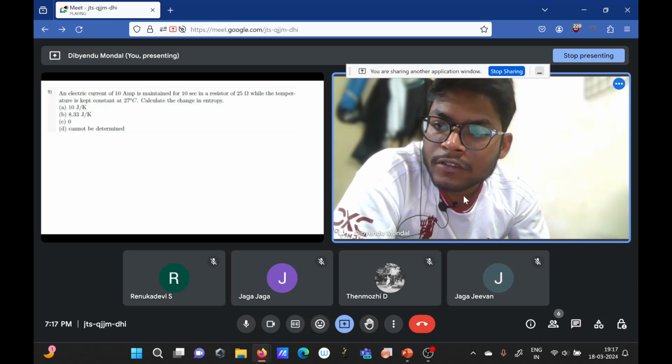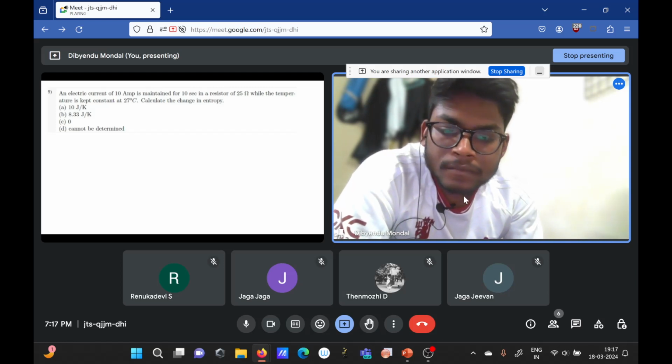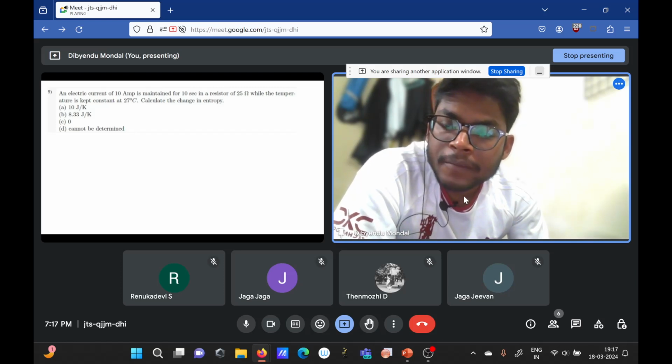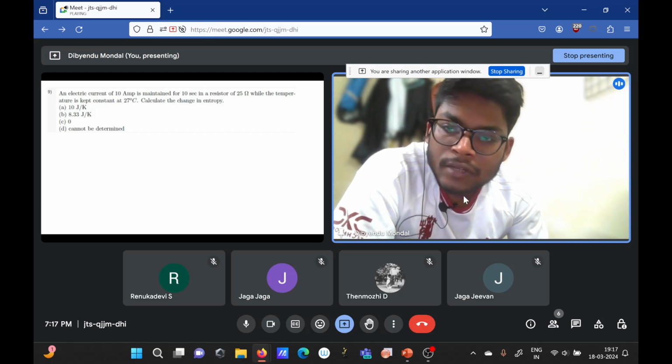Calculate the change in entropy. Anyone? Electric current of 10 ampere is maintained for 10 seconds in a resistor of 25 ohm, while the temperature is kept constant at 27 degrees centigrade. Calculate the change in entropy.